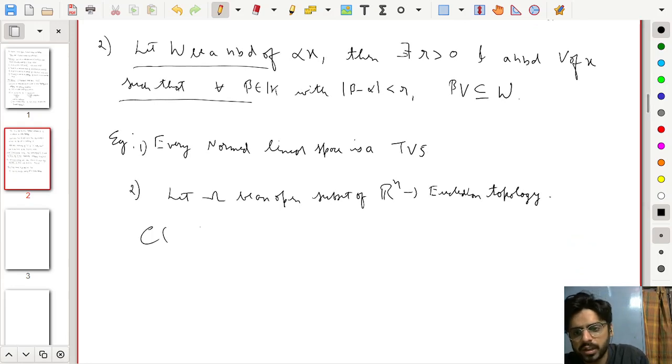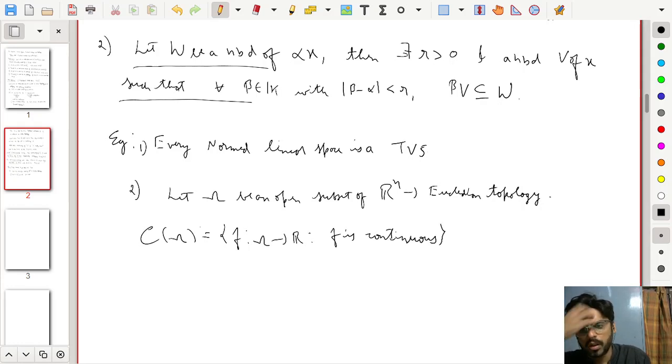Then consider C of omega. This is the collection of all functions f from omega to R such that f is continuous. Then this C of omega is a TVS.